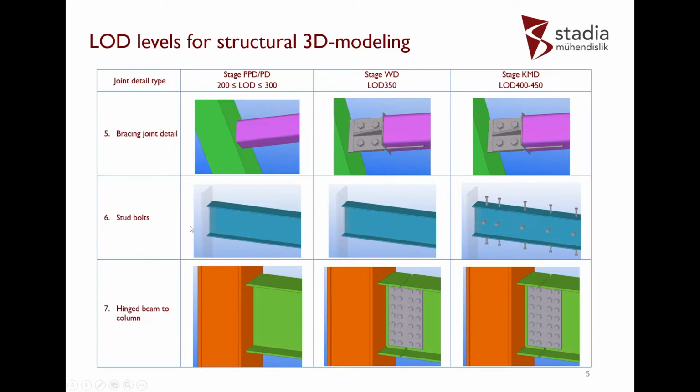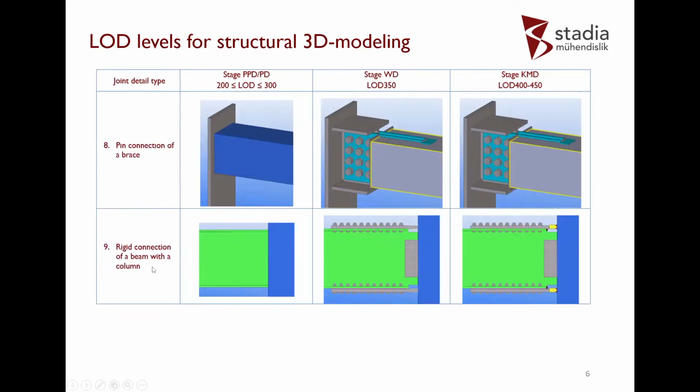And column to beam to column connection, the usual one. Pin connection of a brace with high-strength bolts, and a rigid connection. So the main idea, as I said before: usually the model of project documentation has almost no joint details.